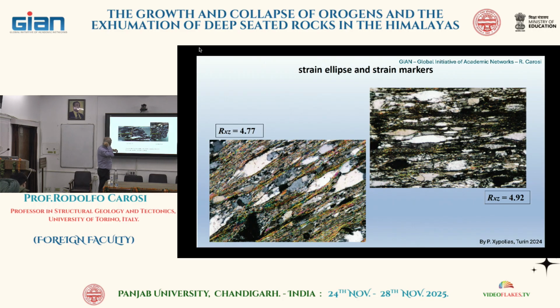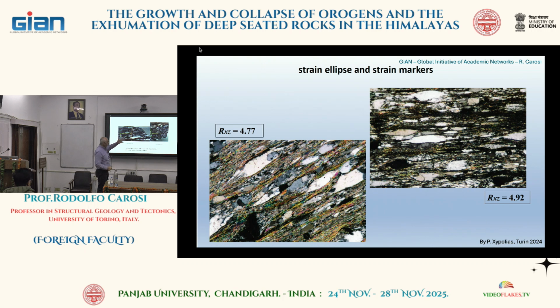And I took a sample. The sample is cut along the XZ section, where you can see a strong elongation and a strong shortening perpendicular, so it is a good section. The other one is a perpendicular section, and you can see that there is a small elongation, not so strong like this.